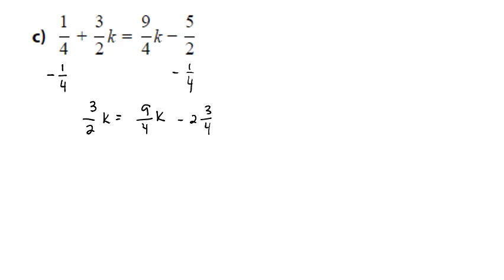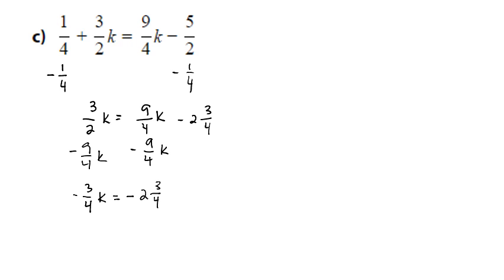Then my goal is to get all my k's on one side, so I'm going to subtract 9 quarters k from both sides. So 3 halves minus 9 quarters is equal to negative 3/4 k. That's equal to negative 2 3/4.